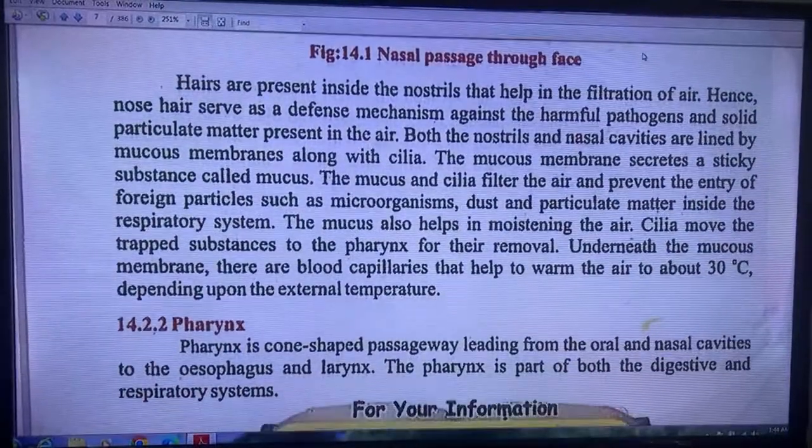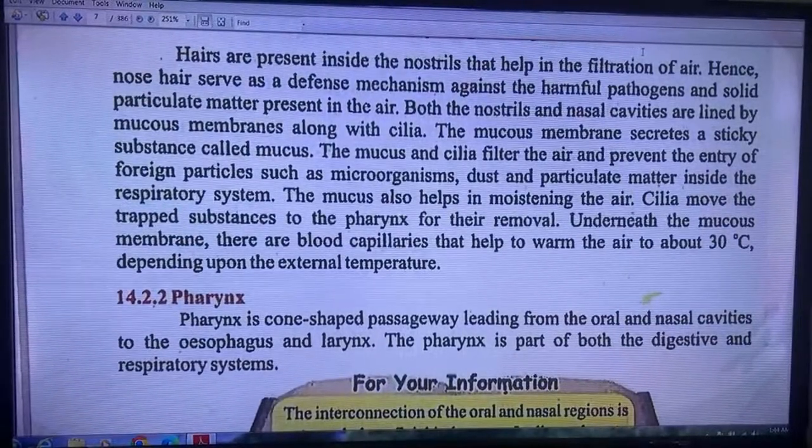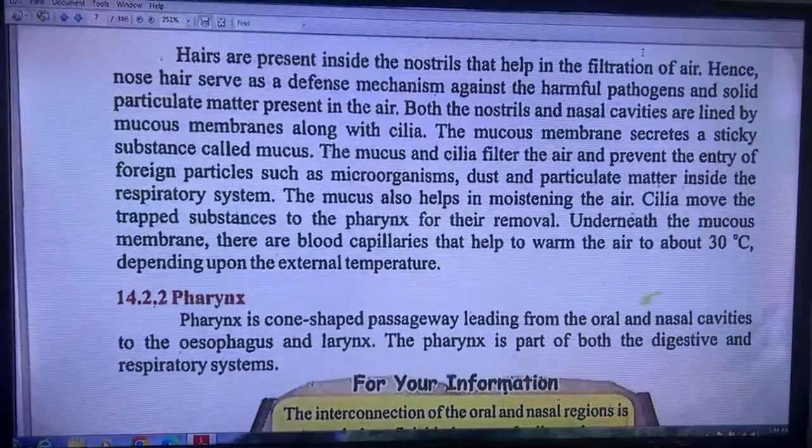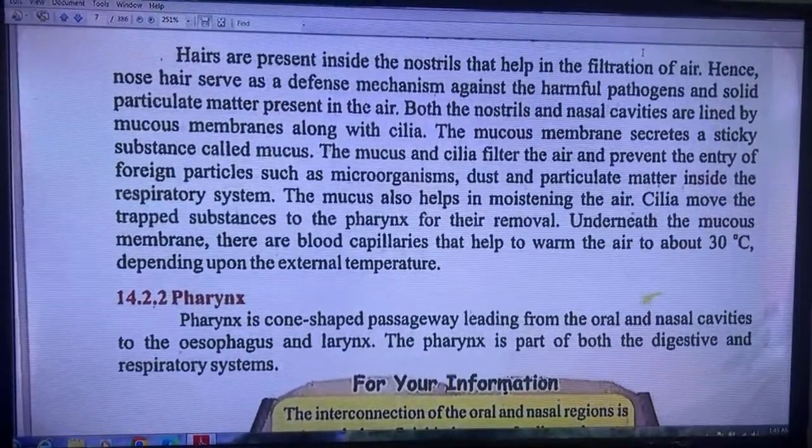Hairs are present inside the nostrils that help in the filtration of air. Hence, nose hairs serve as a defense mechanism against harmful pathogens and solid particulate matter present in the air.